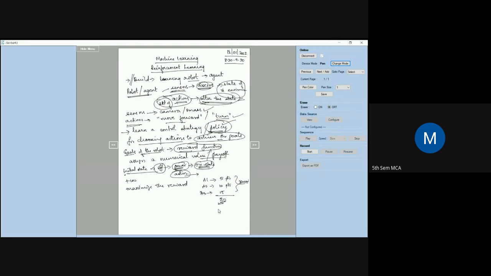Okay, so when the robo moves from one state to another state, it has to choose the actions in such a way that the reward is getting maximized. That should be the goal. So which action can I take so that I will get the maximum reward?